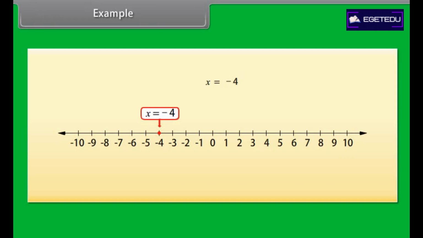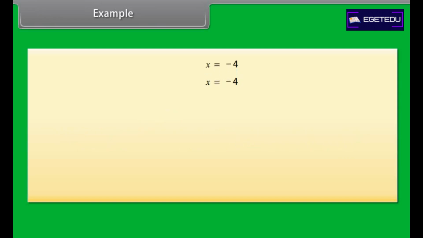Example. Let's now solve this equation and represent the solutions on the number line and on the Cartesian plane. This equation can also be written as 2x - x = -3 - 1. By solving this, we get x = -4, equation 1.